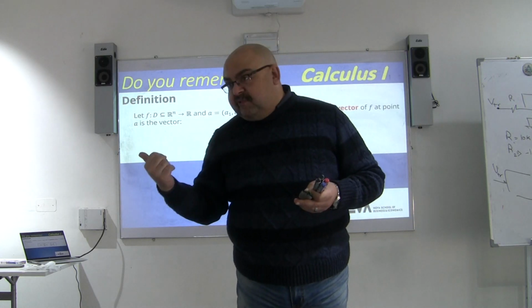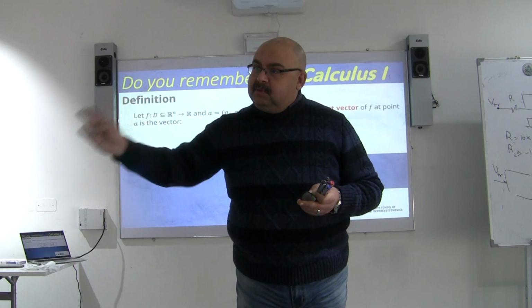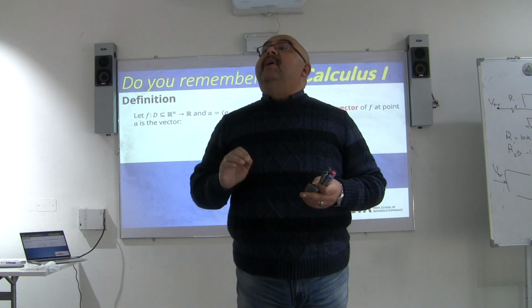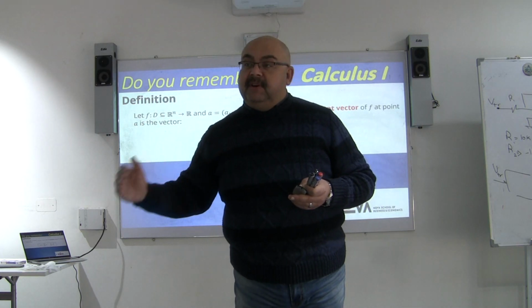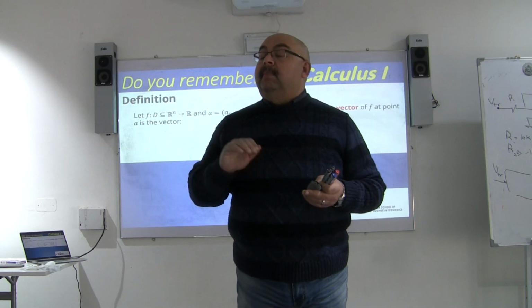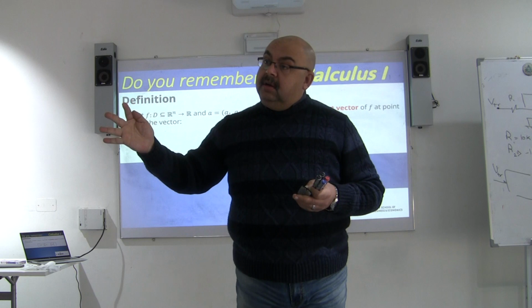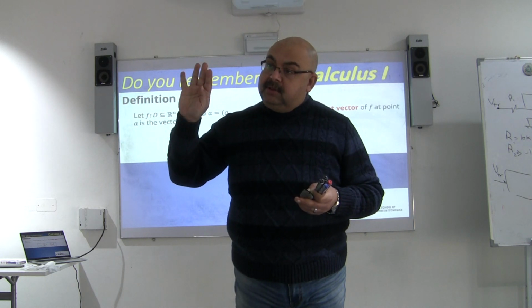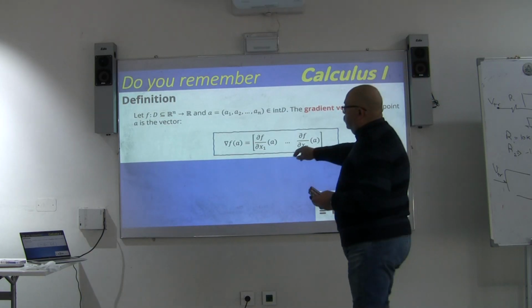If f is in x, y, and z, I will differentiate with respect to x, with respect to y, with respect to z. Okay, if f is a function in x and y, I'll get partial f, partial x, partial f, partial y. And if f is a function in x, y, z, and t, then how many times will you differentiate? 4 times. This is what's written in front of you, as you can see.